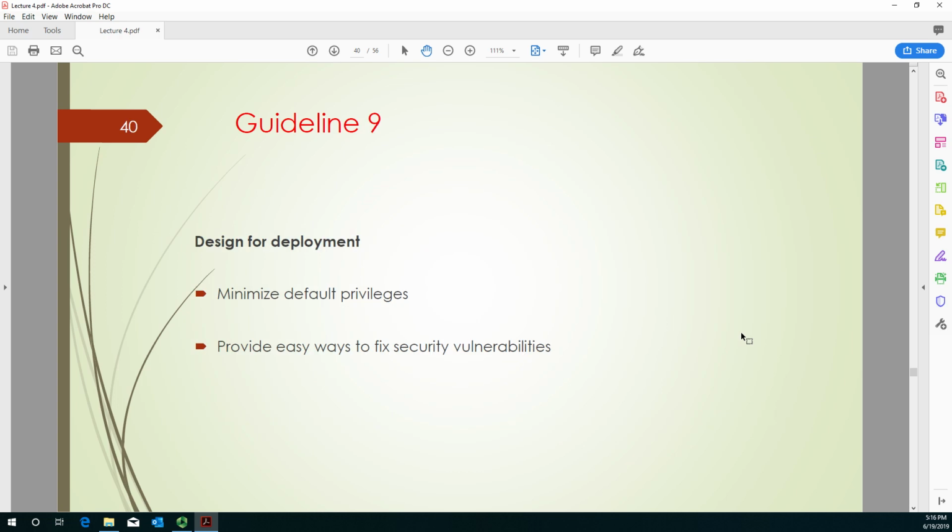Design for deployment. Minimize default privileges. Long time ago, I'm talking about like 20 years ago, when I was an undergraduate student in computer science, we were trained in databases using Oracle, and the username used to be Scott and the password used to be Tiger, because it turns out that whoever programmed the system, his first name was Scott, and he had a pet dog named Tiger.